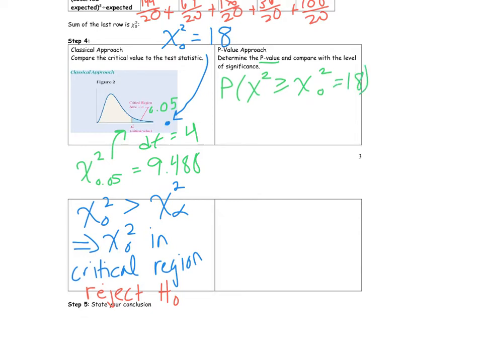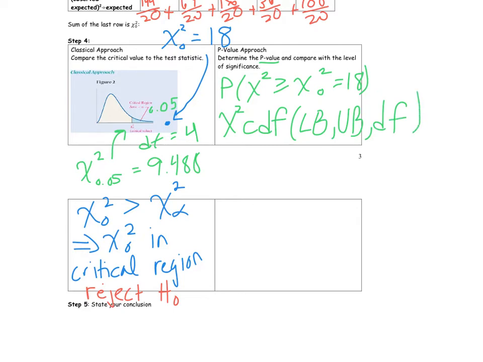I'll show you on the calculator. If you go to second distribution, where you find binomial PDF and CDF and normal CDF, if you search around, you're also going to find chi-squared CDF. That's how we can calculate area under the chi-squared curve. The parameters are lower bound, upper bound, and then degrees of freedom.